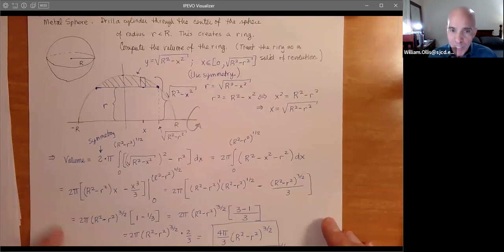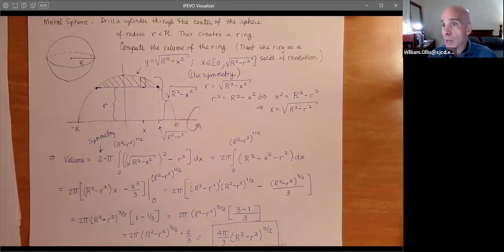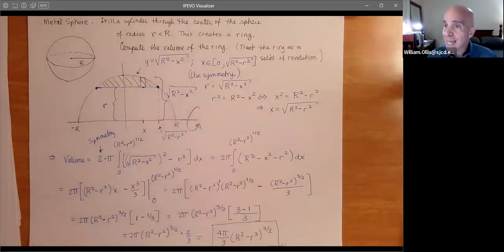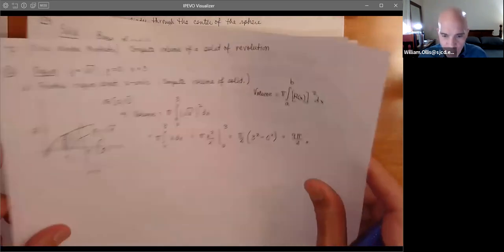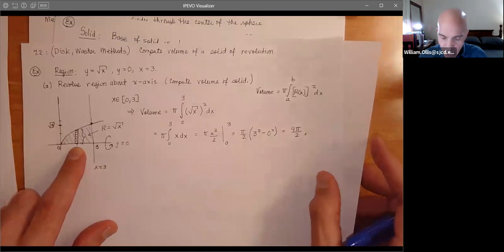So I want you to spend some time just going through the basic construct here and convincing yourself that this is really no more difficult than some of the problems we did with the square roots and all. And again, take stock of all the different types of techniques that we use. Remember, and this is important, when you think about where we started, we think about a very simple example where we have the region abutting the axis of revolution.